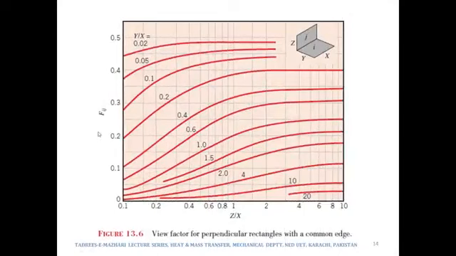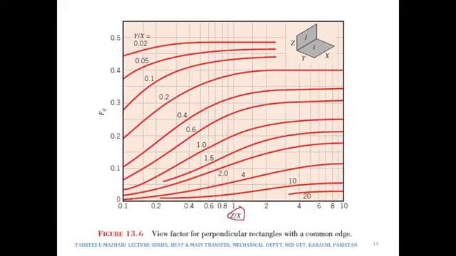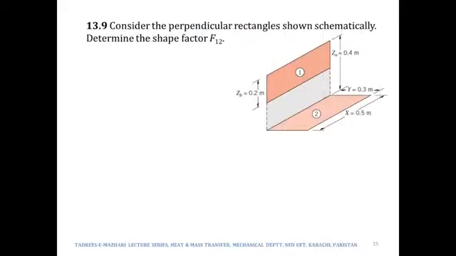And this one is for the last third case, where the two surfaces are perpendicular and they share a common edge. So in this case again we need to calculate two parameters. One is z by x and the other one is y by x, and at the intersection of these two we would be able to read out the value of Fij. So we do not need to use those lengthy expressions, rather we can use those very easy to use charts to find out the value of Fij for those particular geometries.